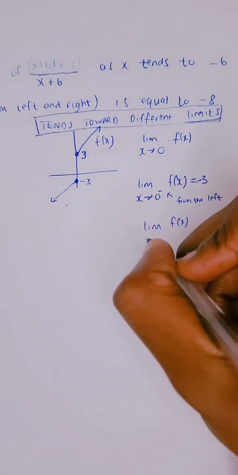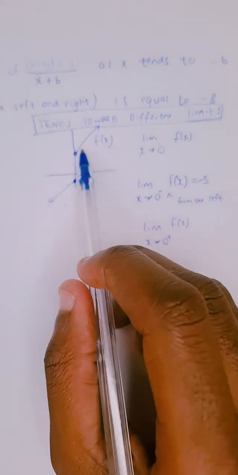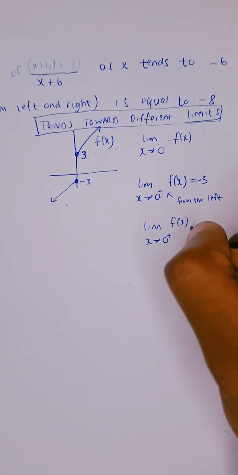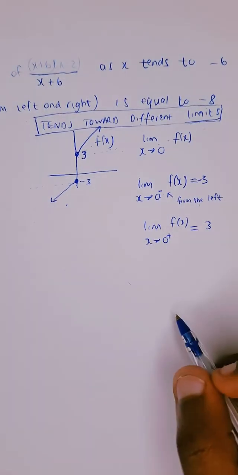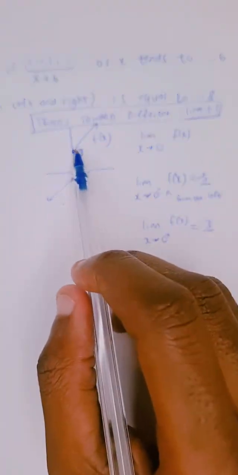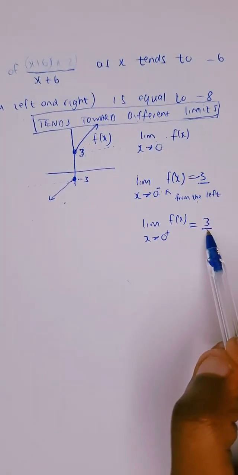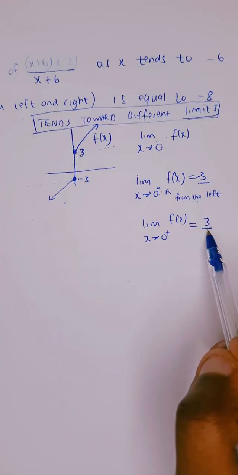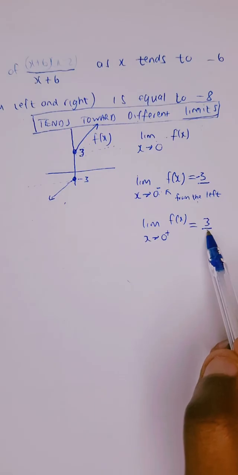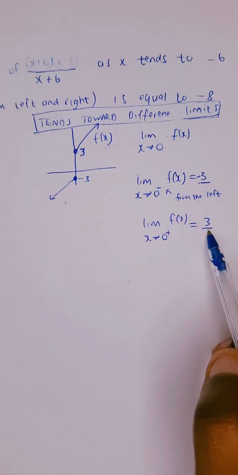But as the limit of f of x, as x approaches 0 from the right, the limit is equal to 3. So do you see, guys, that our limit values from the left and from the right are different. Since f of x does not approach the same value, we can conclude that the limit as x tends towards 0 does not exist.